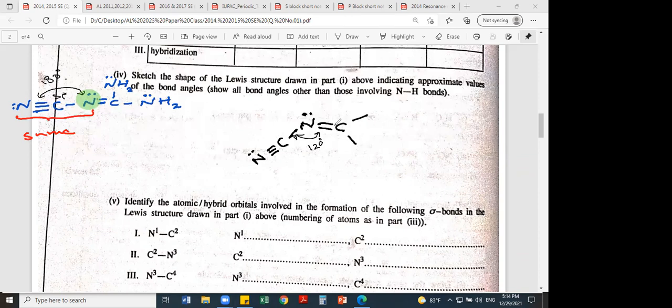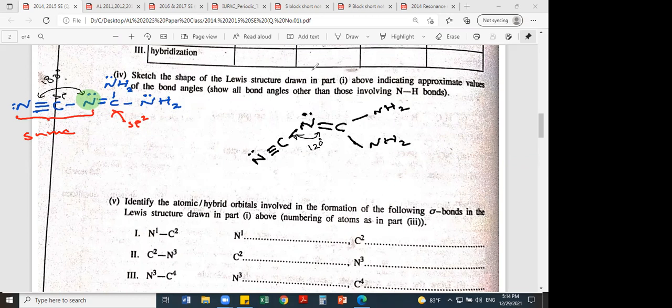This carbon is sp2 hybridized, sp2. Then you can have the NH2 group. But because these are NH bonds, the bond angle is not necessary. Here NH2, NH2.